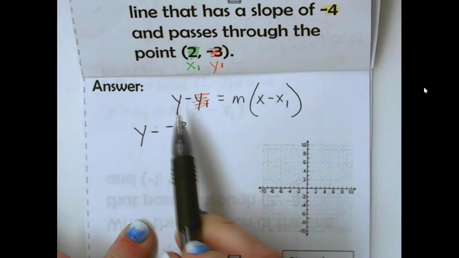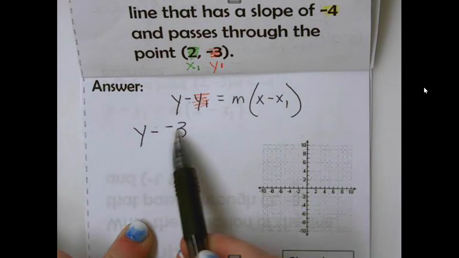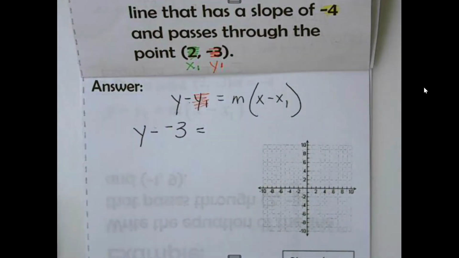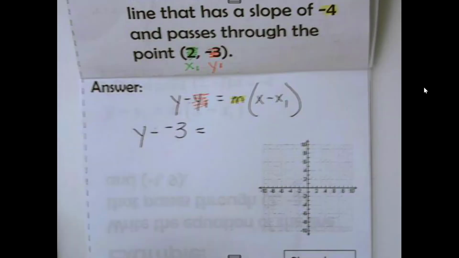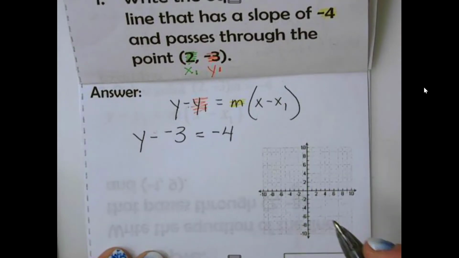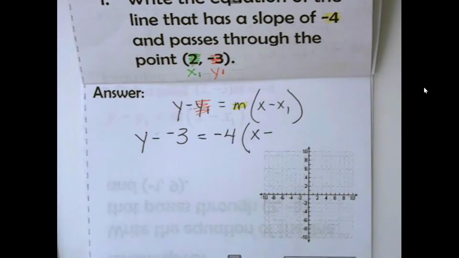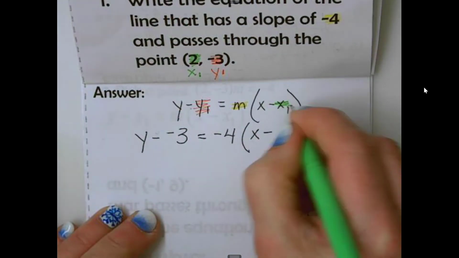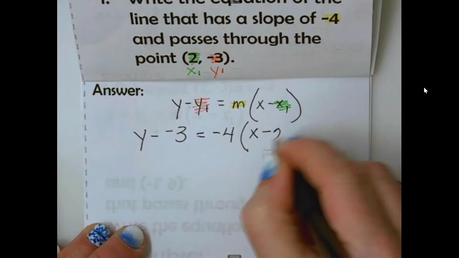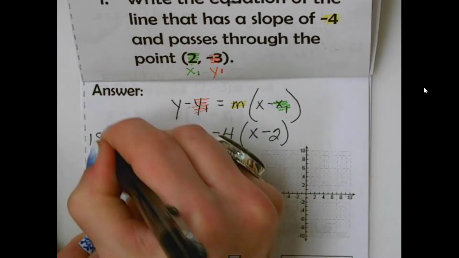Now remember that the equation is y minus y1, so we'll take care of that here in just a second. We're going to substitute in your slope, which is -4 from up above. Then it's x minus an x1. That value is 2. Okay, so step 1 is to substitute.